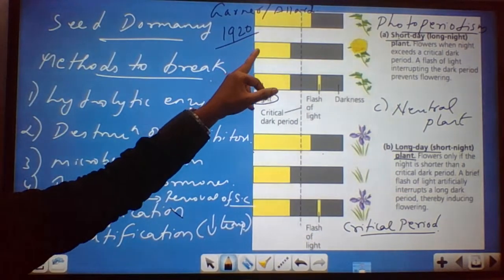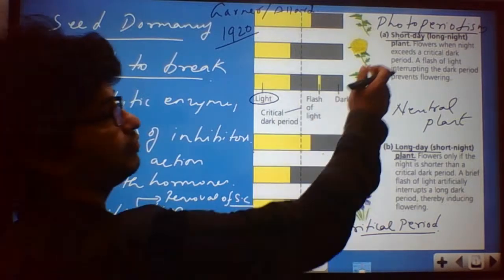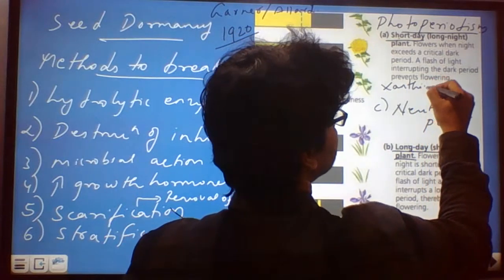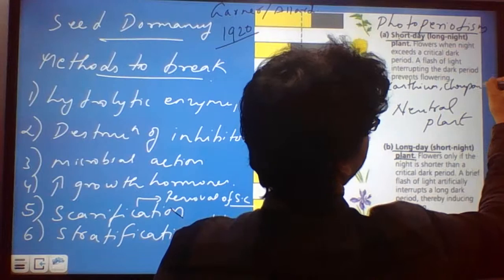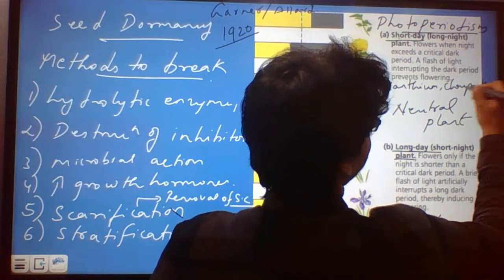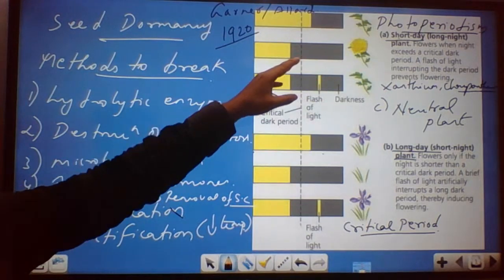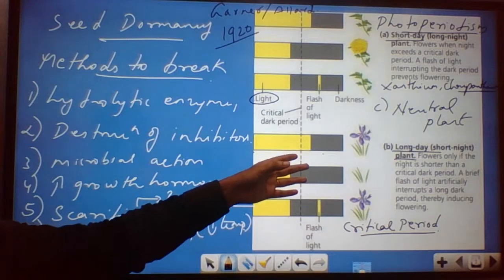Coming to the first part, the short day plants. Can someone give me an example for short day plants? Take xanthium, chrysanthemum. Guys, if you're not clear with the spelling, chrysanthemum, xanthium, chrysanthemum are examples for short day plants. Coming to the long day plants, can someone give me an example?